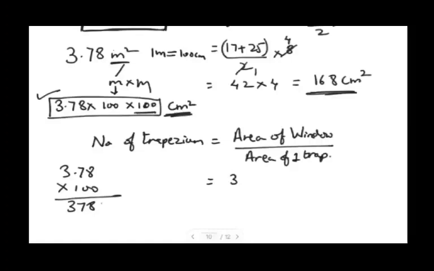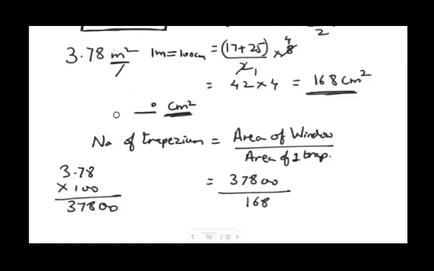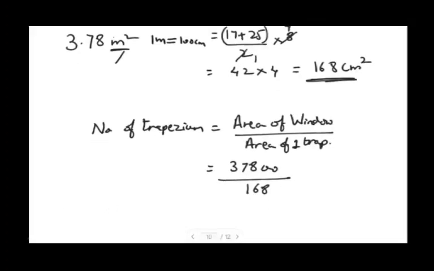Again I'll multiply it with 100, so I get 2 zeros next to it, correct? So what's the area of the window in centimeters square? It's going to be 378.00 upon 168. Alright, understood this bit, children? Understood why I have multiplied 3.78 into 100 into 100? Why I have done 100 into 100?